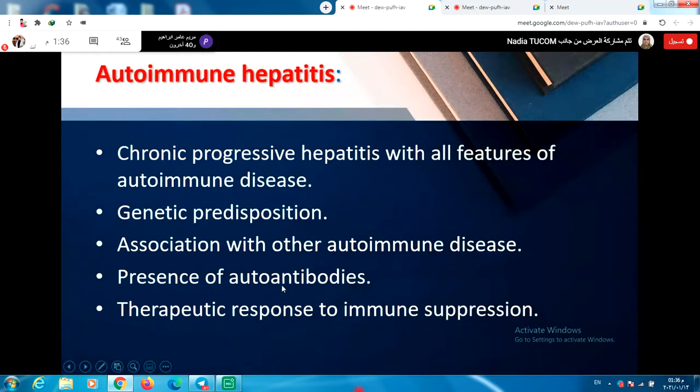Anti-nuclear antibodies and anti-smooth muscle antibodies are detected in the serum of these patients with certain manifestations of chronic liver disease like jaundice or elevation of serum transaminases or other manifestations. And also they have a response to steroid or immune suppressant therapy.